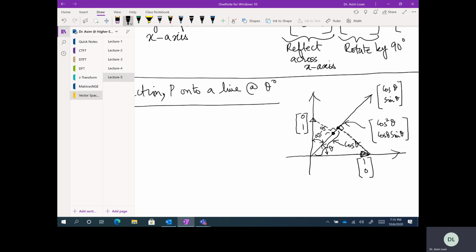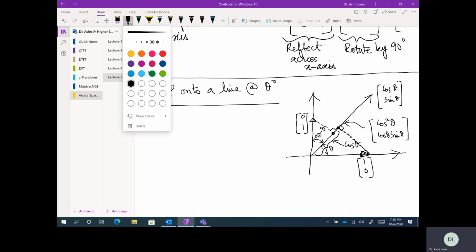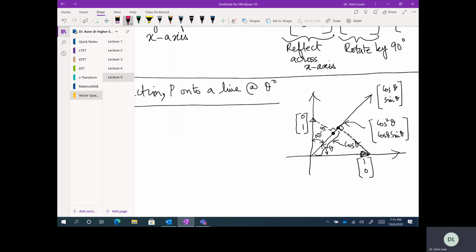And similarly, this intercept, maybe I do it in red, is sine theta. So this point is sine theta cosine theta, and this one is sine square theta.